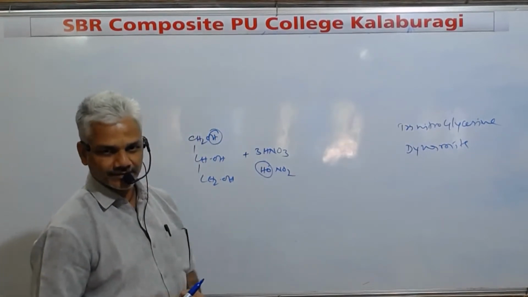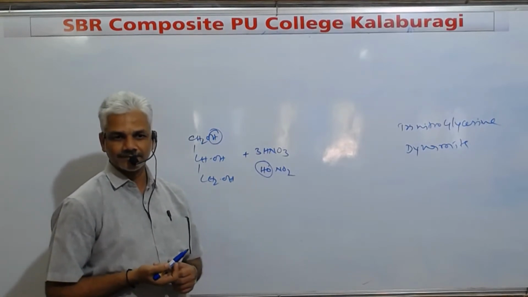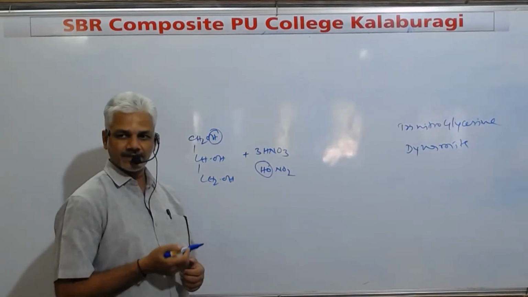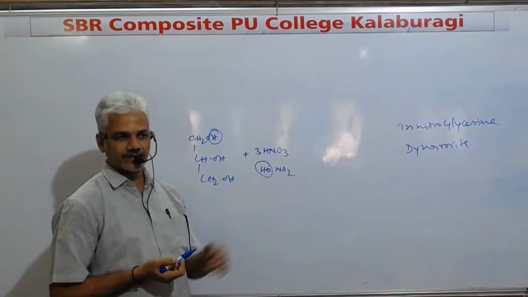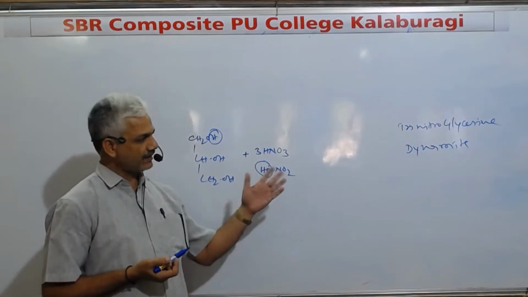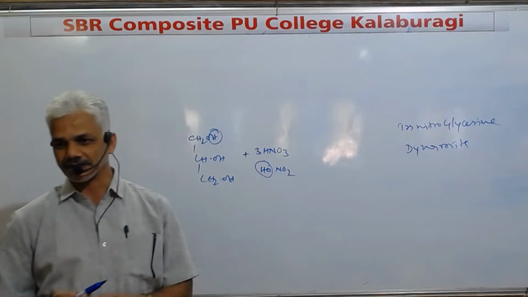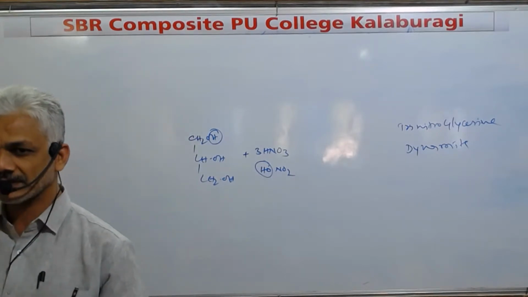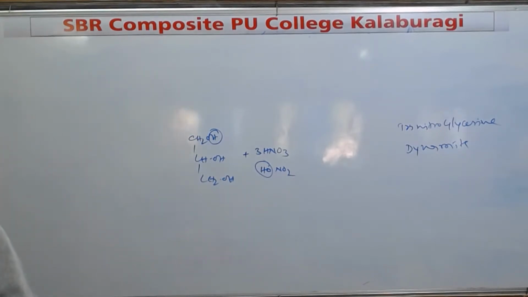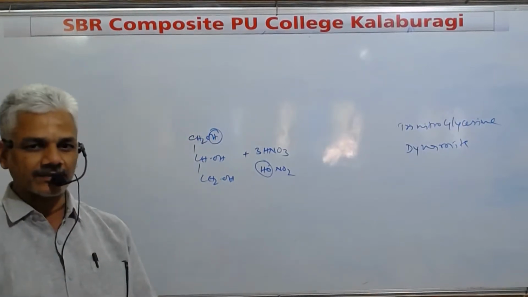What is Nobel Prize? Alfred Nobel was the scientist. He discovered this compound, and he used it to manufacture and sell it. And his nickname was Merchant of Death, because dynamite ultimately, what is its purpose? So he was called the Merchant of Death.